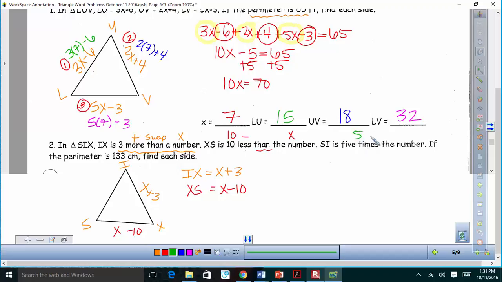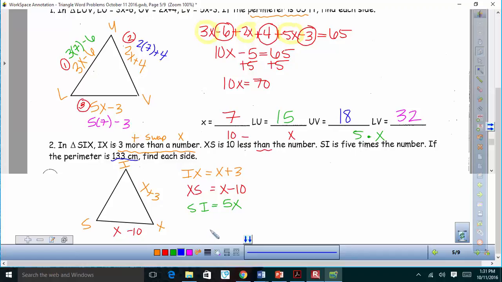So 5 times, our number was x. So SI is 5x. Then it tells me the perimeter is 133.